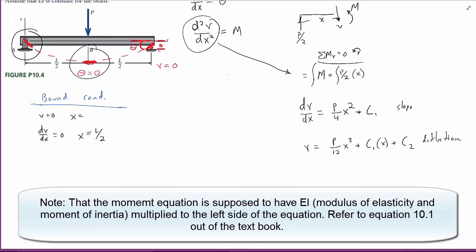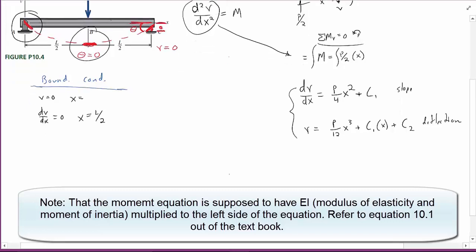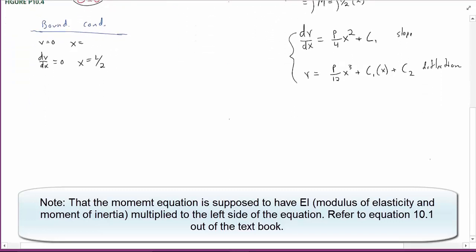So noting that, we can use this information and plug it into the equations that we already solved for, and determine what our constants of integration are. For the first one, let's just pick one, we'll do the first two down here. When our slope is 0, x is L over 2.